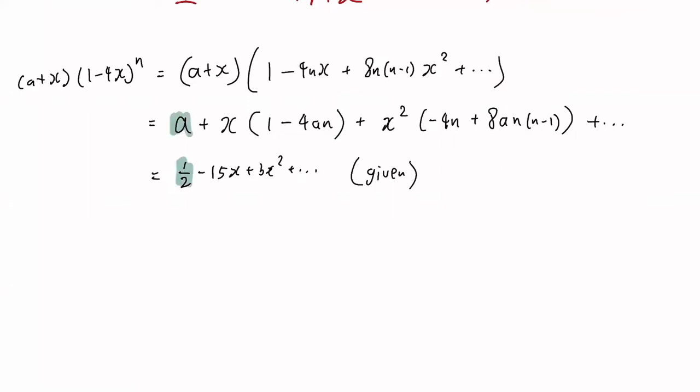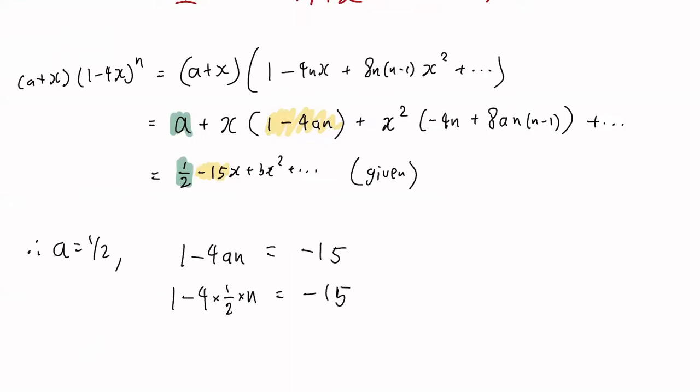Constant, constant. Conclusion, a equals half. Linear, linear. So we get 1 minus 4an equals minus 15. But what's a? Half. So times half times n equals negative 15. Simplify. 4 times half is 2. 1 minus 2n equals minus 15.